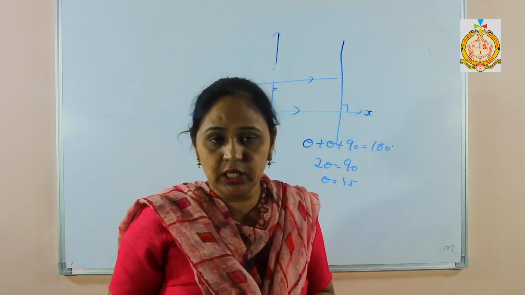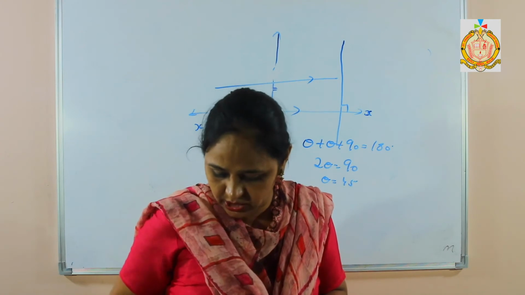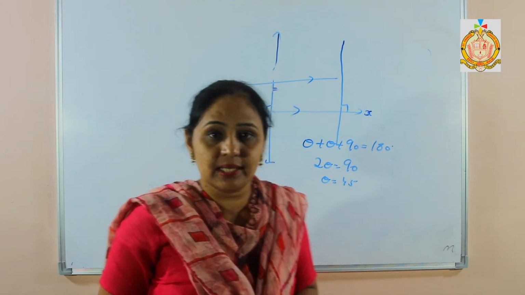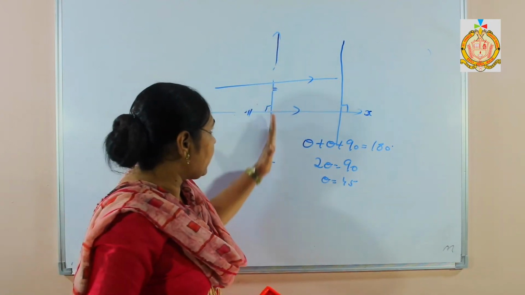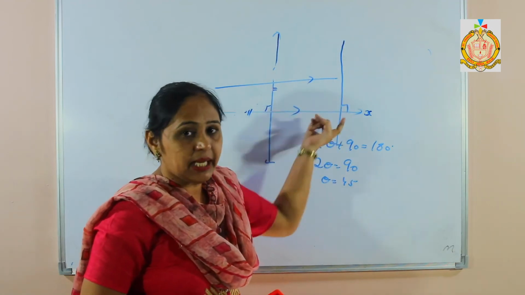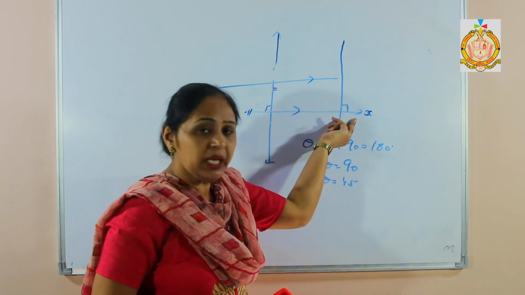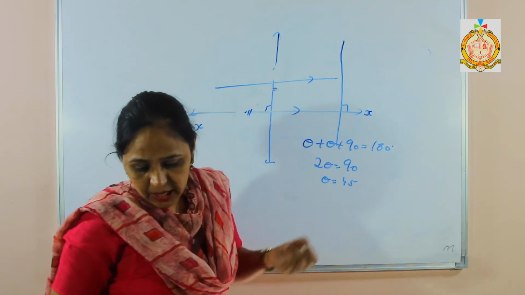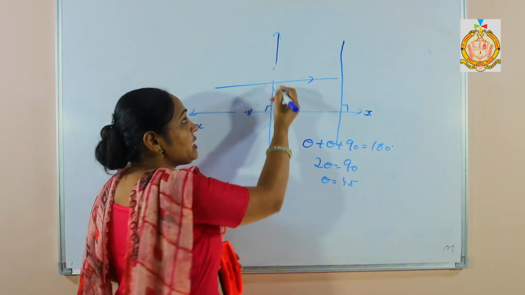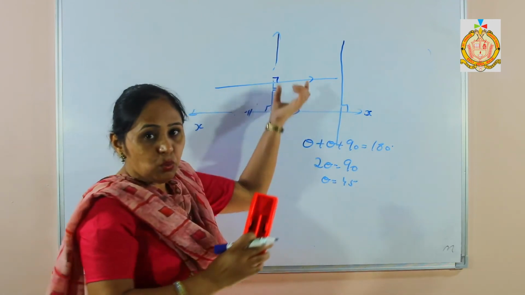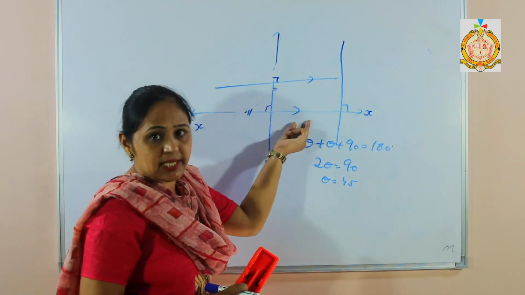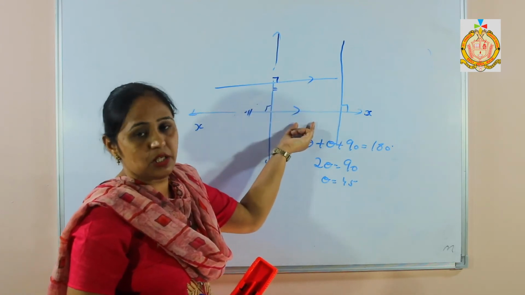Parallel line 0 degrees, perpendicular line 90 degrees. In the next concept we say parallel to the y-axis, that means with the x-axis the angle will be 90 degrees. If we say perpendicular to the y-axis, this line is parallel to the x-axis and its angle will be 0 degrees.